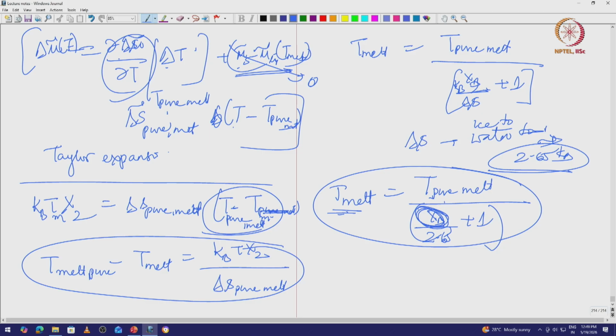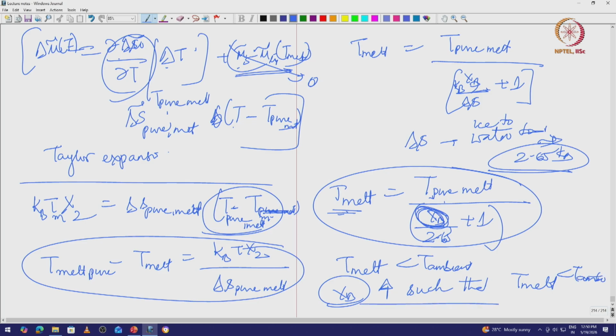So that is the idea. T melt should be slightly less than T ambient. So the concentration of xB should be increased such that T melt is slightly less than T ambient, and then I can liquefy the snow.